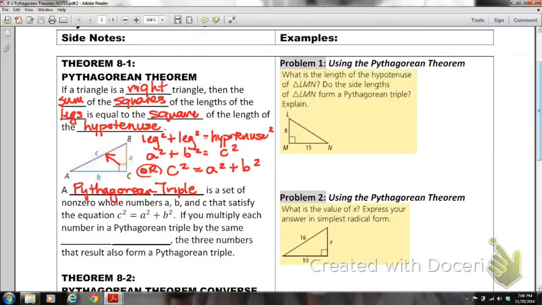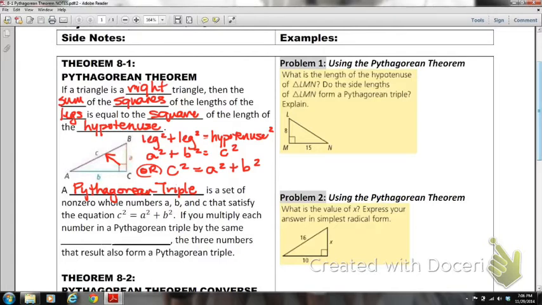So it says non-zero whole numbers, but I prefer to really call it positive integers, because you're not going to have a leg of a triangle that can be a negative number. So it can't be a negative integer, wouldn't make any sense, but it has to be positive.